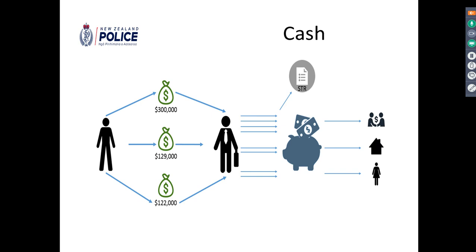A couple of months passed, and there was a further $129,000 cash taken into the lawyer. That was split into 2 deposits and subsequently deposited through the trust account. This was then paid away for the legitimate cost of progress payments on the building of the house.